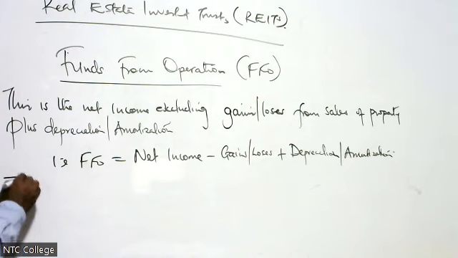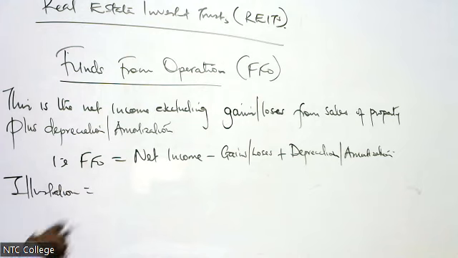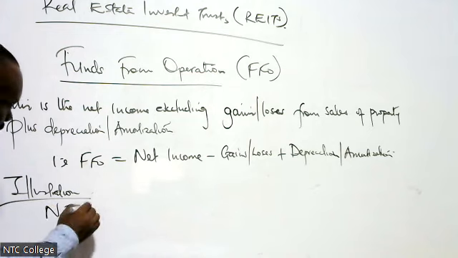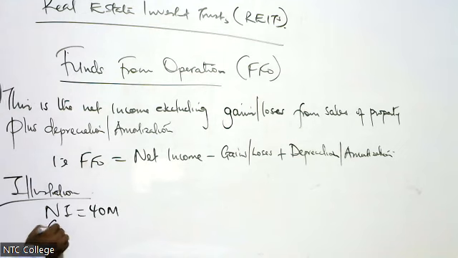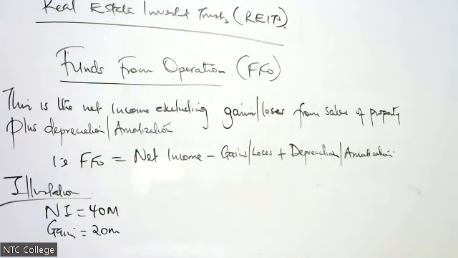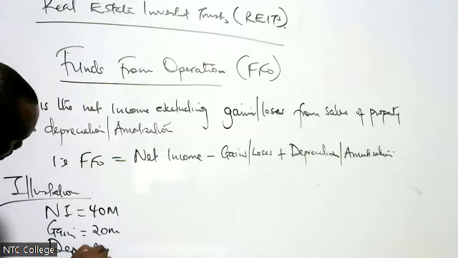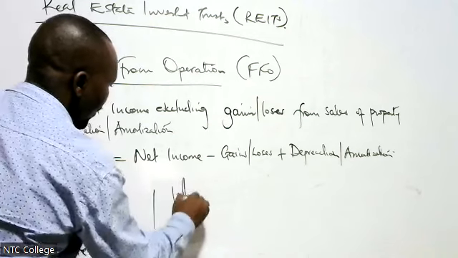So let's think about an illustration like this, where we are having net income, that is NI, to be 40 million, then gains is equal to 20 million, and then we have depreciation to be 40 million.